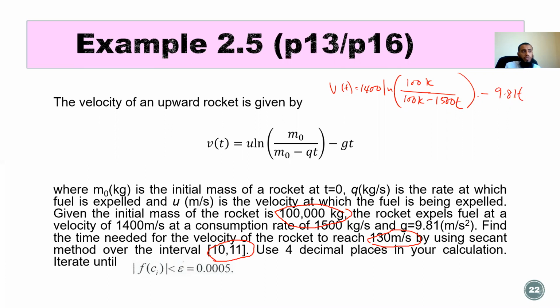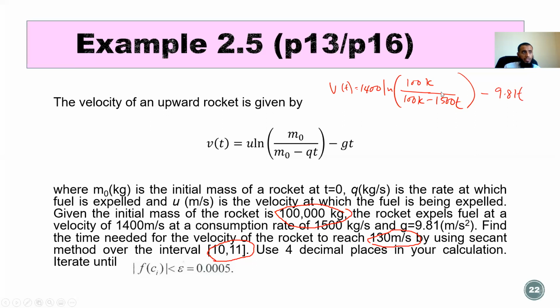Please remember that to get the root, we need to make sure that y is equal to 0. The question is to find the time needed for the velocity of the rocket to reach 130 meters per second using the secant method over the interval.